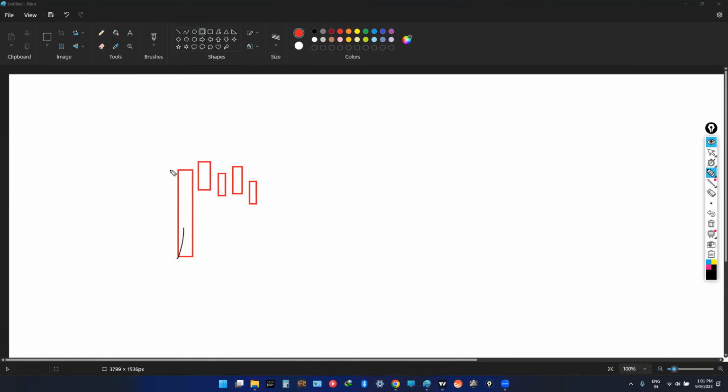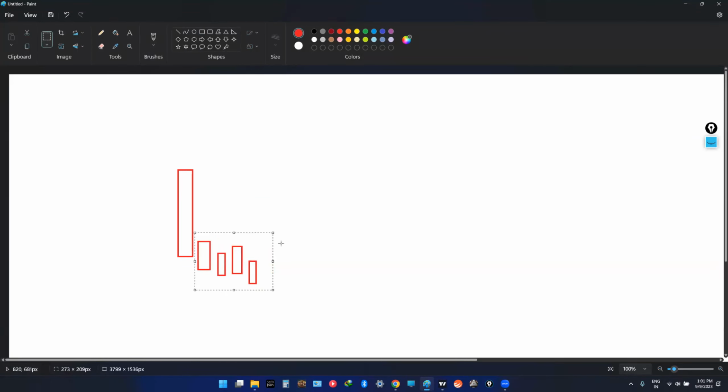So after a big movement, I'm sorry, this is wrong. Like this. So after a fall, there are small candles. You can expect that the next candle will be a big one.